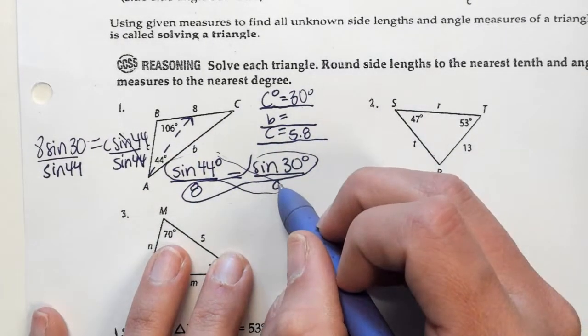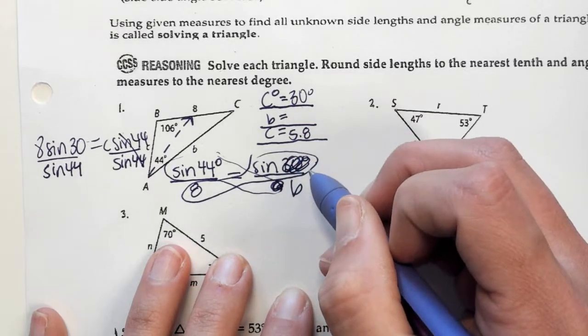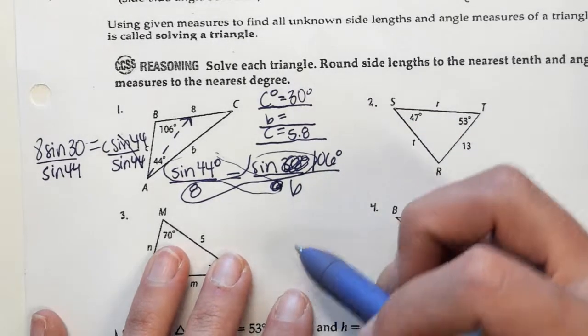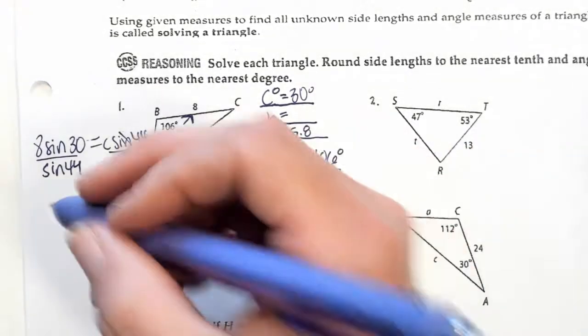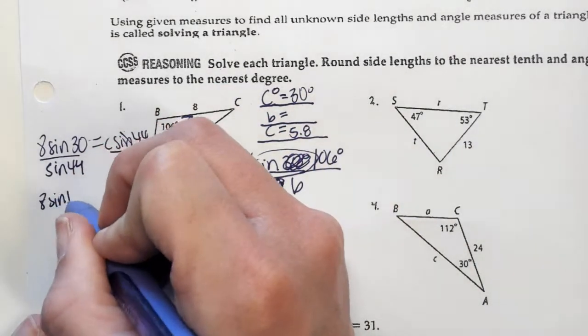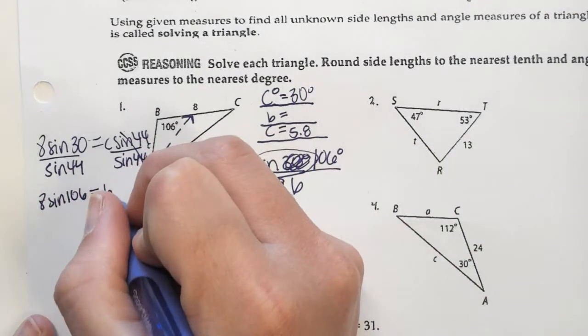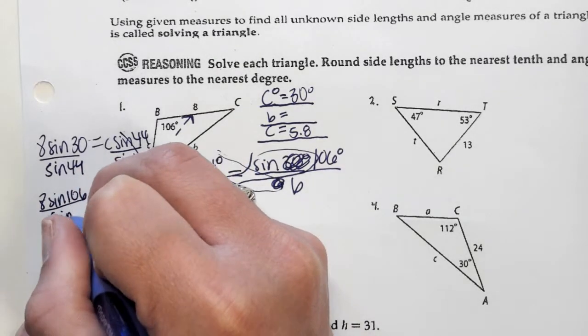This changes to what on bottom? Good. And what on top? Good. 106. We still cross multiply, right? So to solve for B, it would be 8 sine 106 equals what? Very good. And to solve for B, you would divide by what? Good. Go ahead and find that.